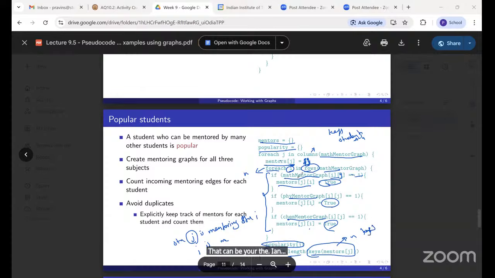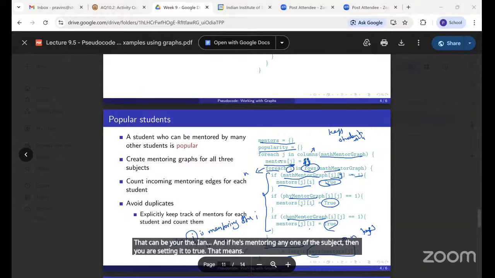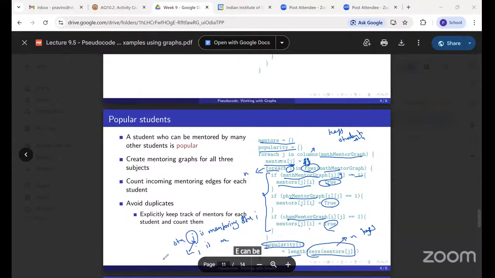And if he is mentoring in any one of the subjects, then you set it to true. That means this j can mentor student i in any one of the 3 subjects. And he can also mentor the other students. That is why we are iterating.